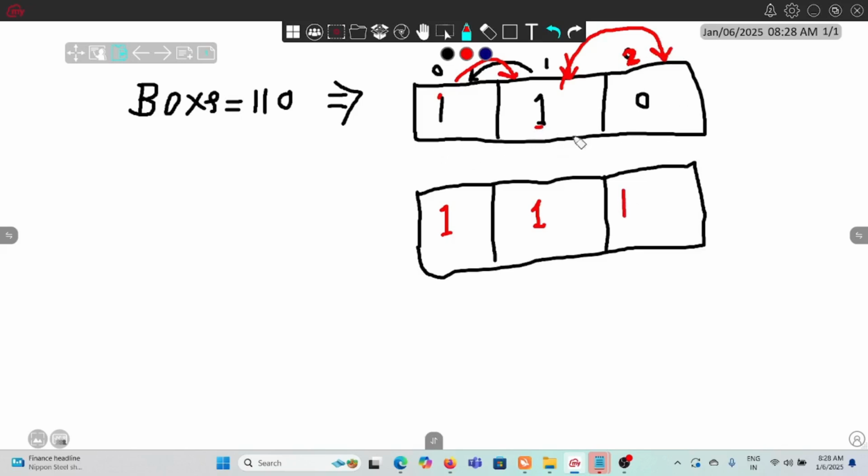If we want to move it to the second location, first it has to come to index 1, and then from there it goes to the final location. So here we need two operations, right? So 1 plus 2, and our answer should be 1 1 and 3.